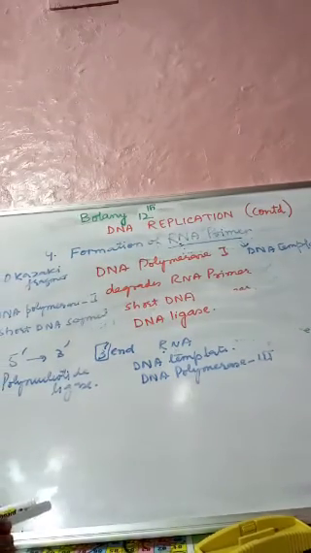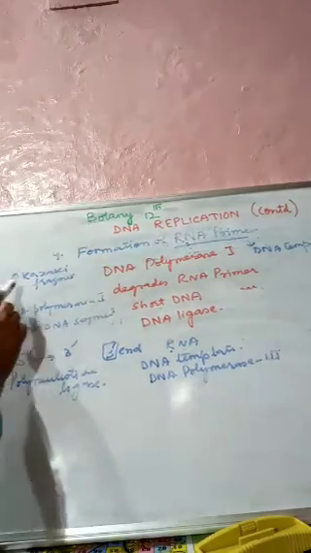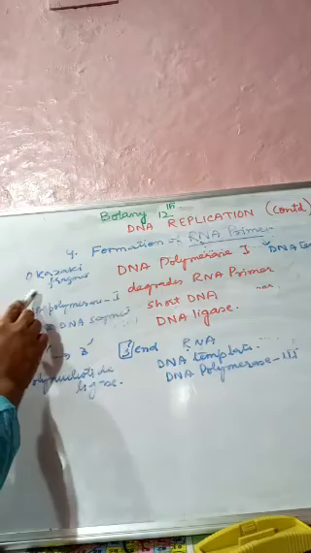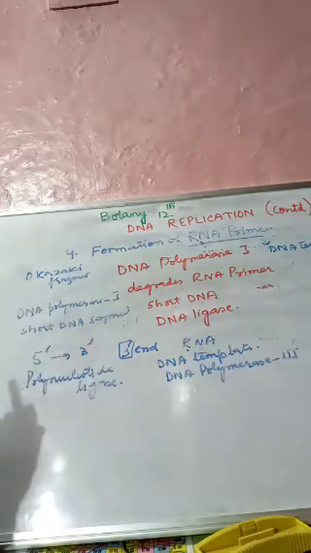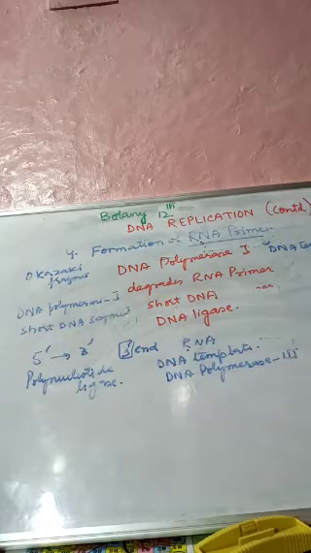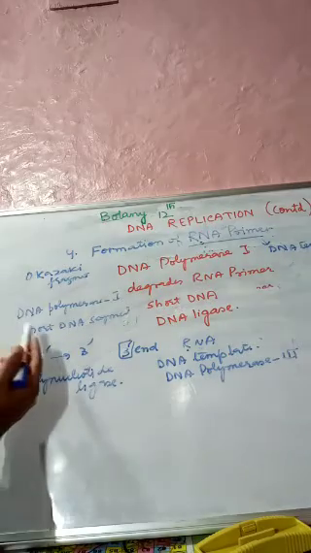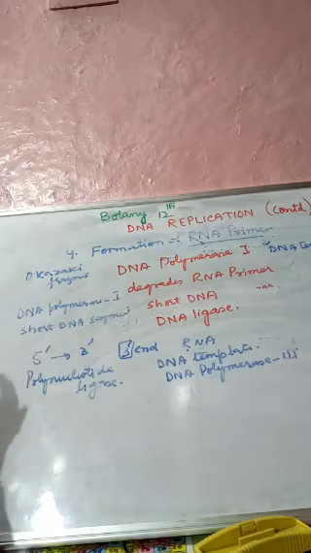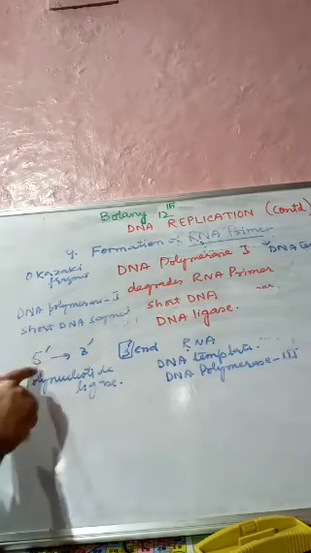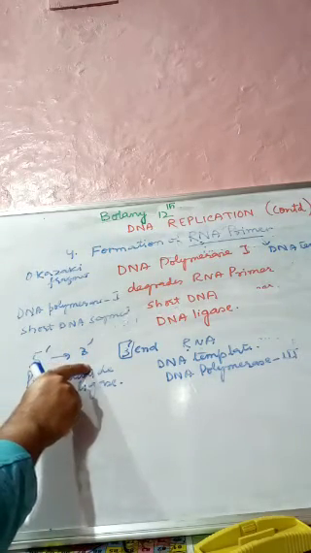Replication takes place discontinuously and short pieces called Okazaki fragments are synthesized. One strand may synthesize a continuous strand and the other Okazaki fragments, or both strands may synthesize Okazaki fragments. Both these new strands are synthesized in 5' to 3' direction.